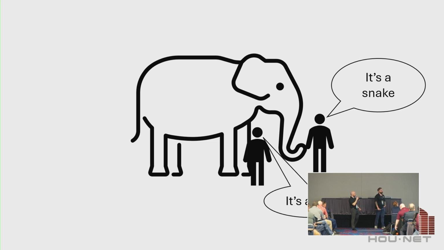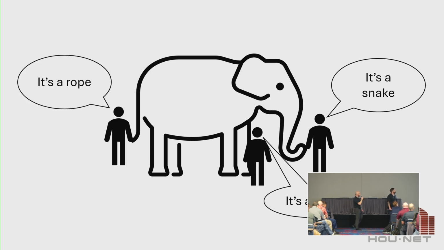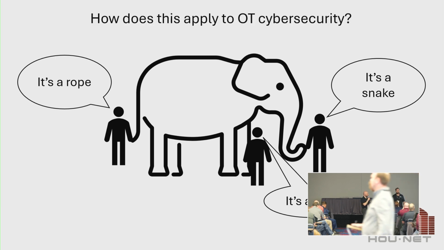The second person comes in, feels around, and touches the elephant's leg, maybe wraps his arms around the leg, and concludes that he's touching a tree. And the third person enters the room, maybe grabs the tail of the elephant, feels the hair at the end of the tail, and concludes that he's interacting with a rope. And all of these people are doing the best that they can with the limited information that they have, but they're really missing the bigger picture.